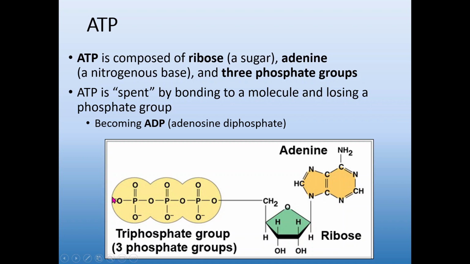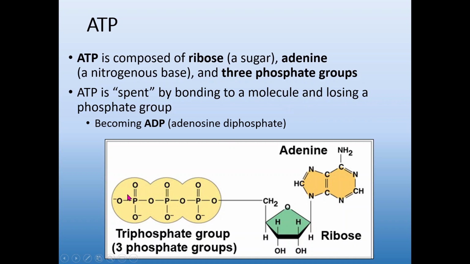These 3 phosphate groups are surrounded by oxygens. You may recall that oxygen is extremely reactive, meaning there is a lot of energy stored in these 3 phosphates. So when we need to use ATP to give energy to a system, it bonds to that molecule and it loses a phosphate.